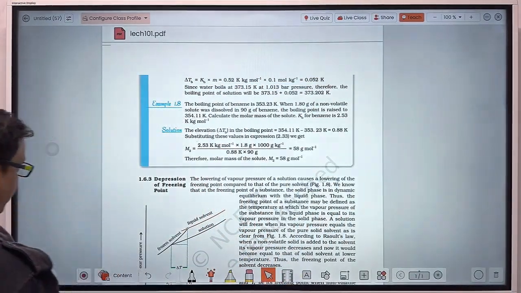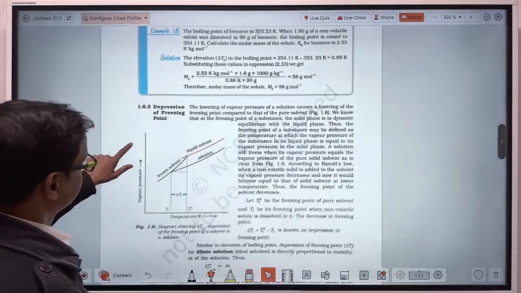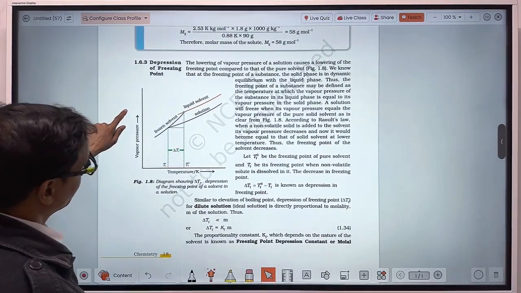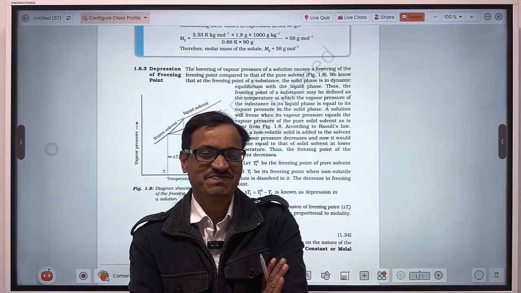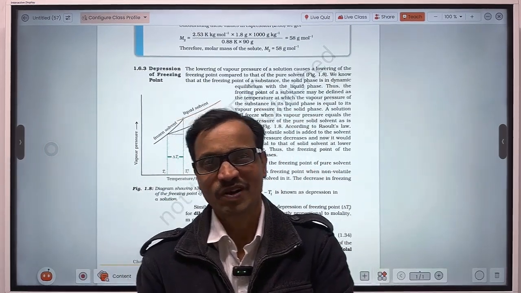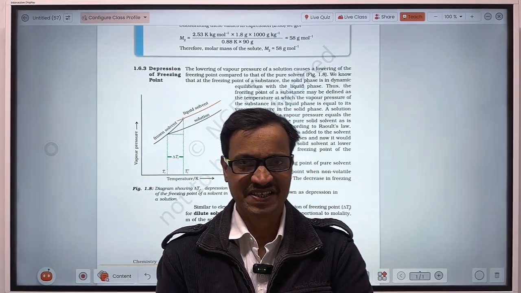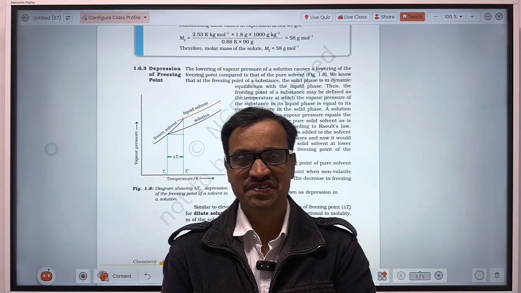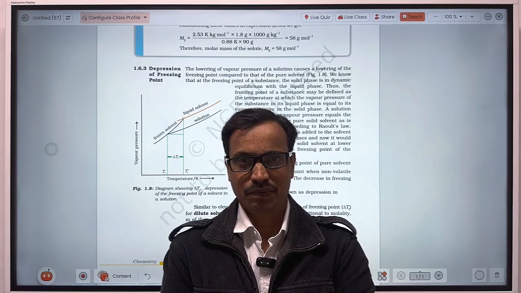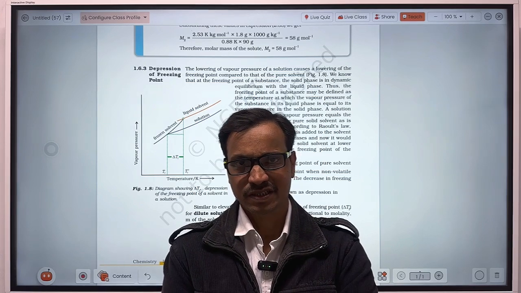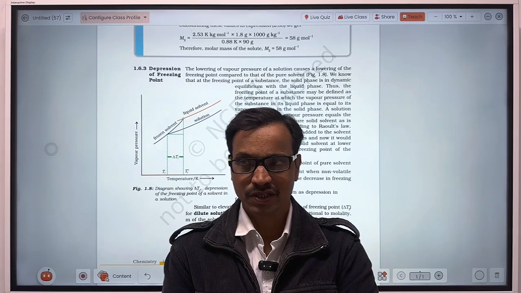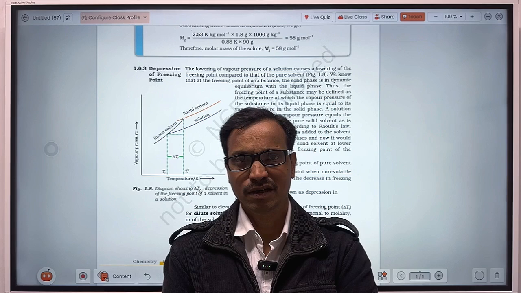Then the next point is depression in freezing point. What is freezing point? The freezing point is the temperature at which the vapor pressure of the frozen solvent will be equal to the vapor pressure of the liquid.